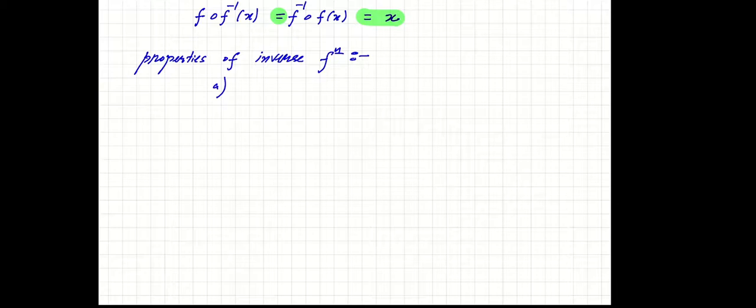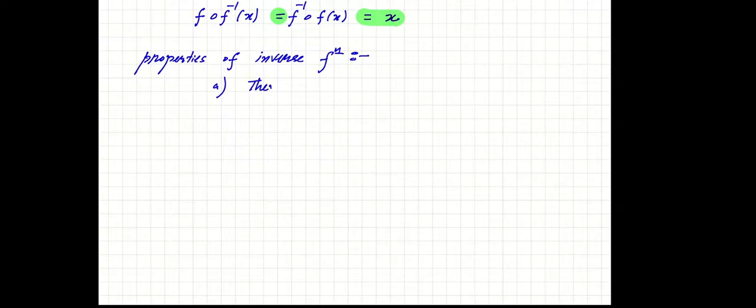That is not a property, right? There should be one-to-one functions. Very good. The first property would be inverse functions are one-to-one.